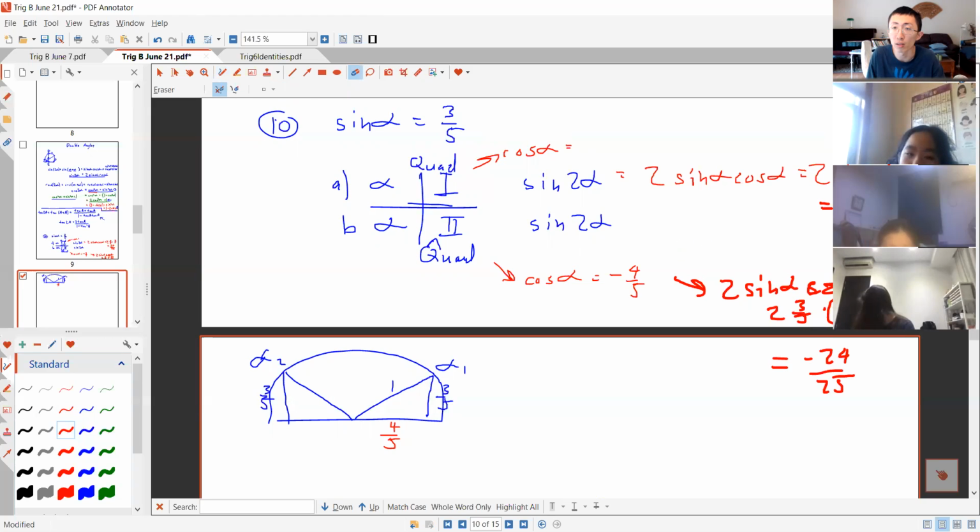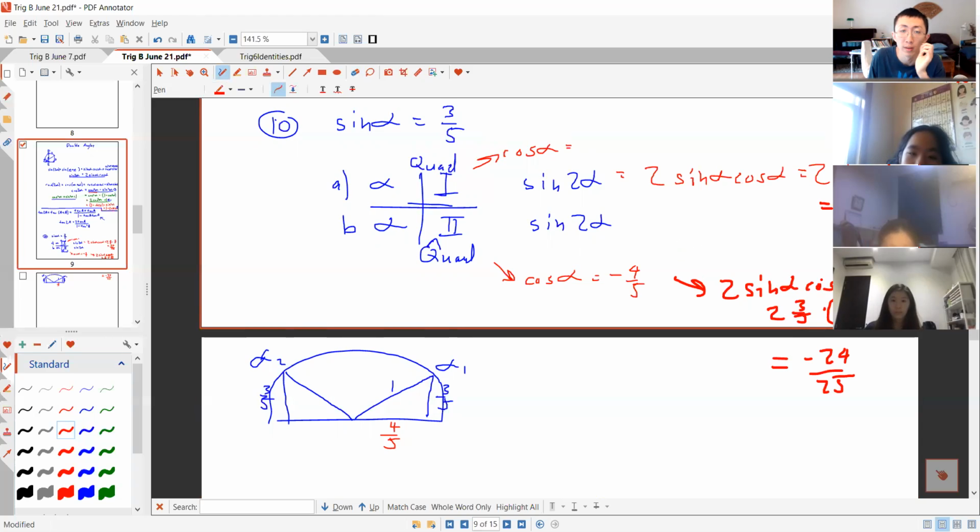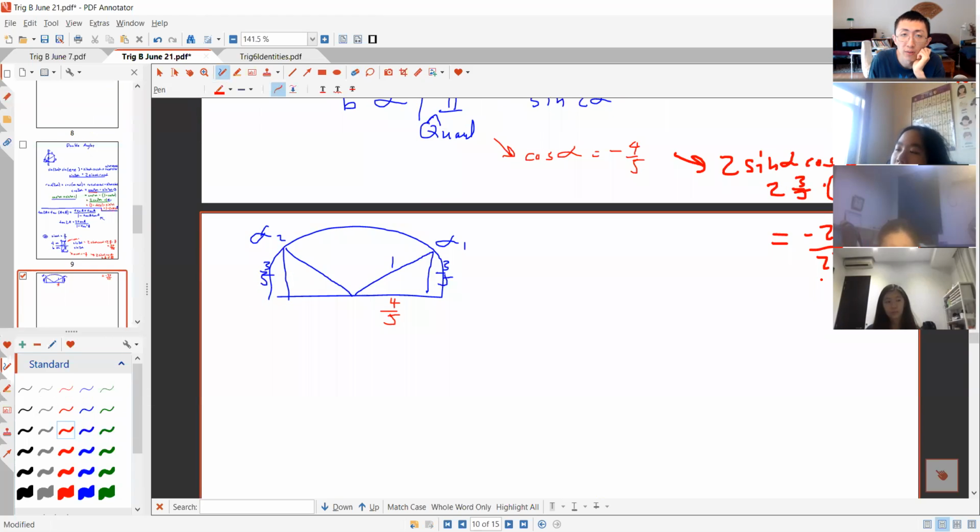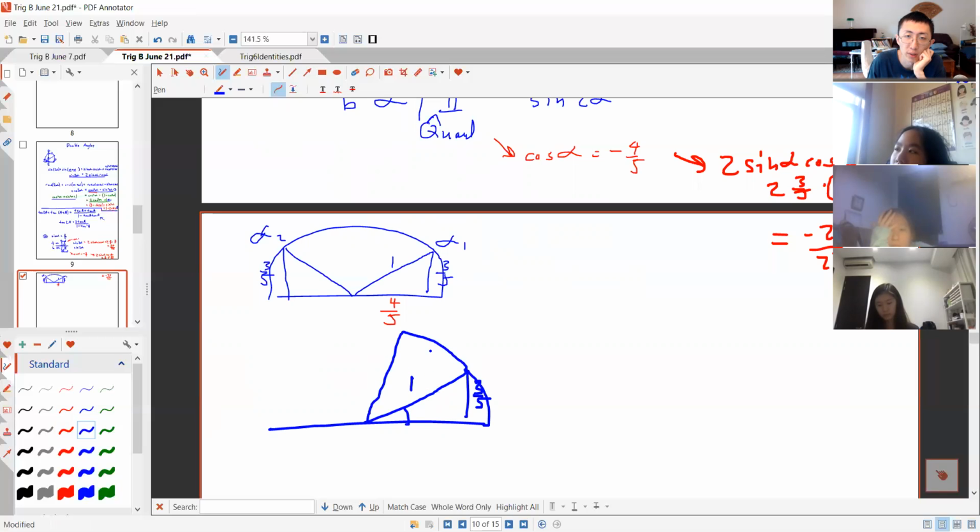So let's just make sure that this makes sense. If I have this angle where the sine of it is 3/5, if I double this angle, it looks like it might be in the first quadrant, right?